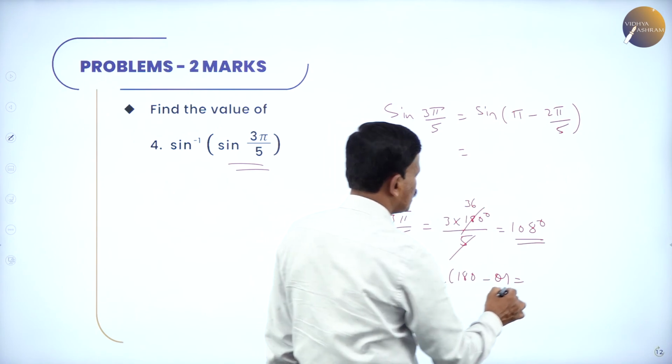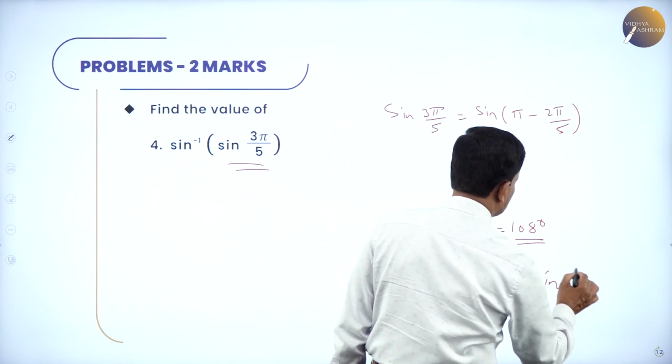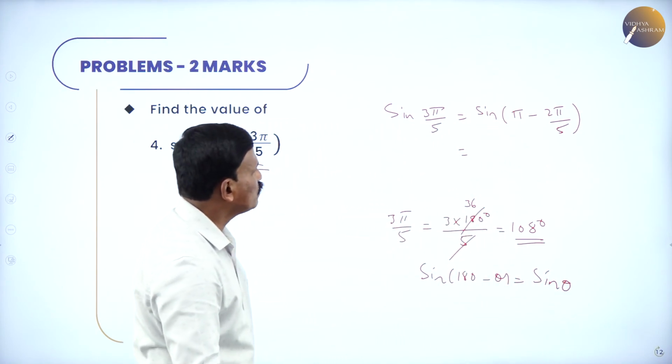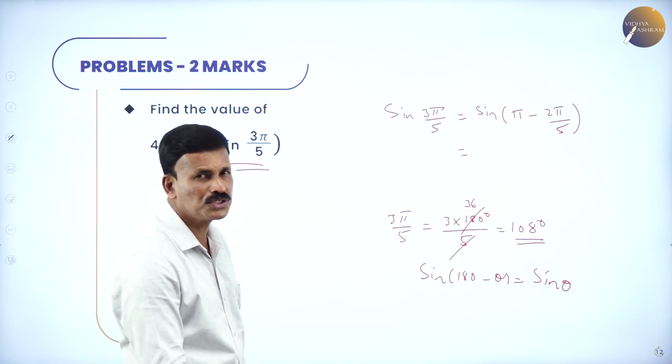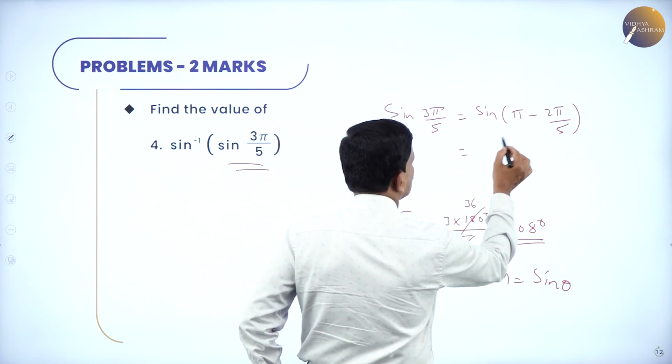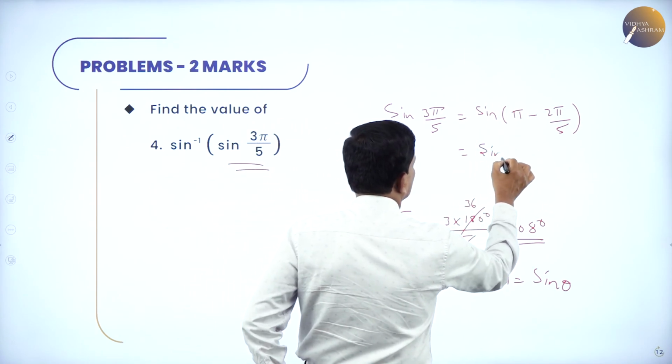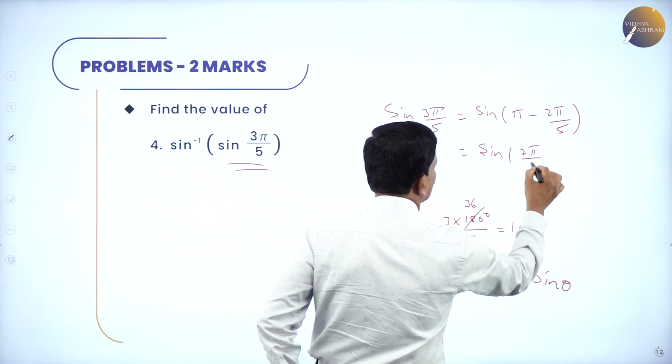Sine 180 minus theta is equal to sine theta. Here, pi by 5 is 36 degrees, so 2 pi by 5 is 72 degrees, which is less than 90 degrees. So this can be written as sine of 2 pi by 5.